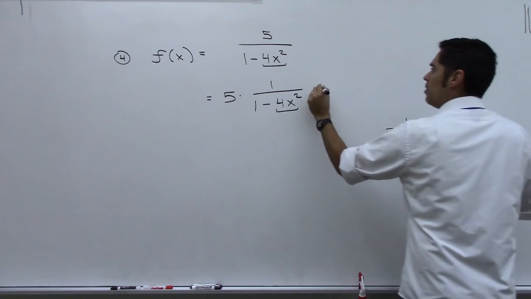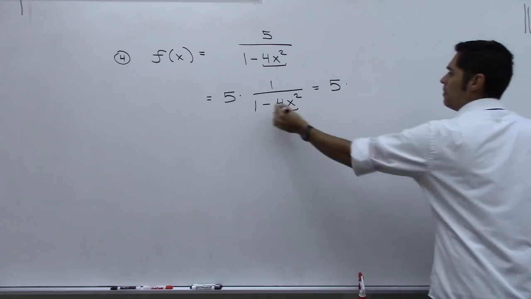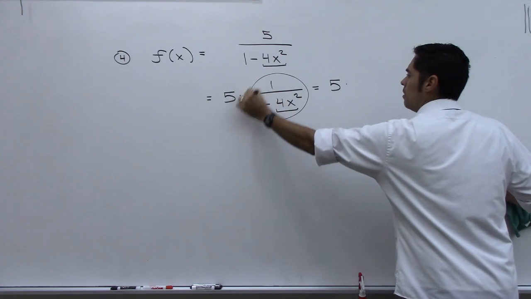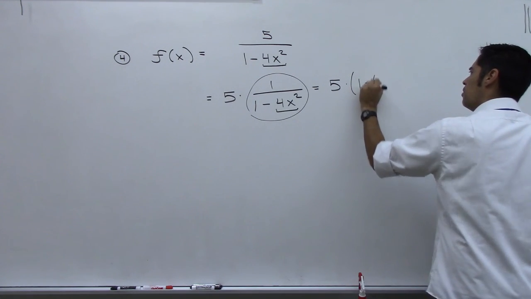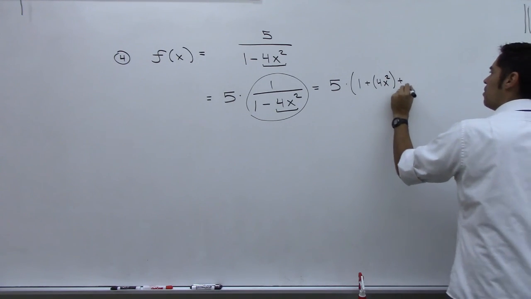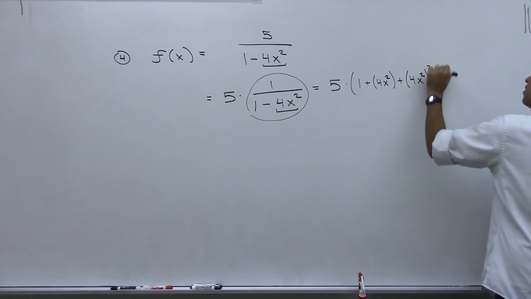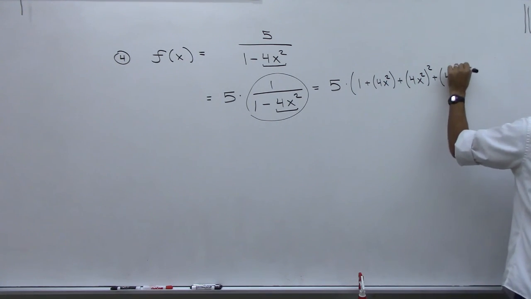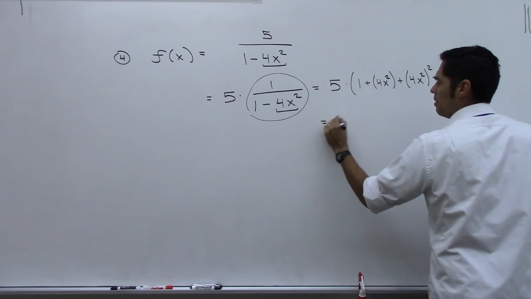So this is equal to 5 times, this right here turns into 1 plus u plus u squared plus u cubed plus dot dot dot, which I could actually simplify.